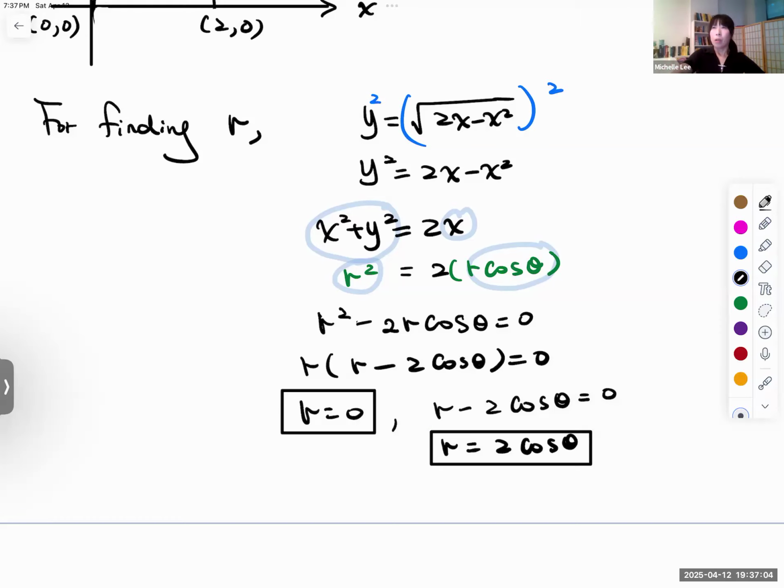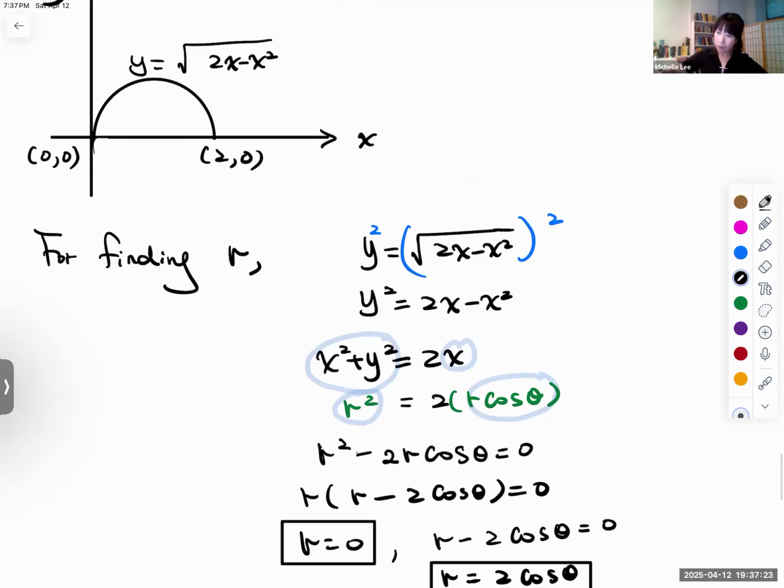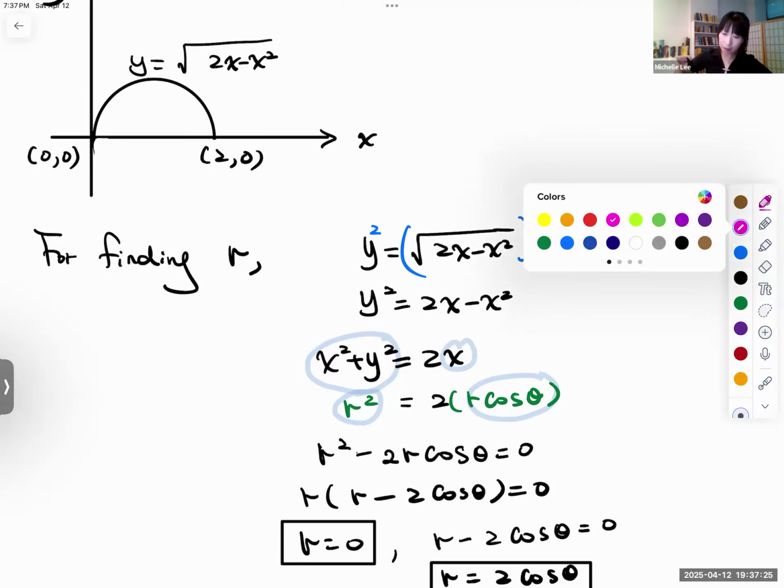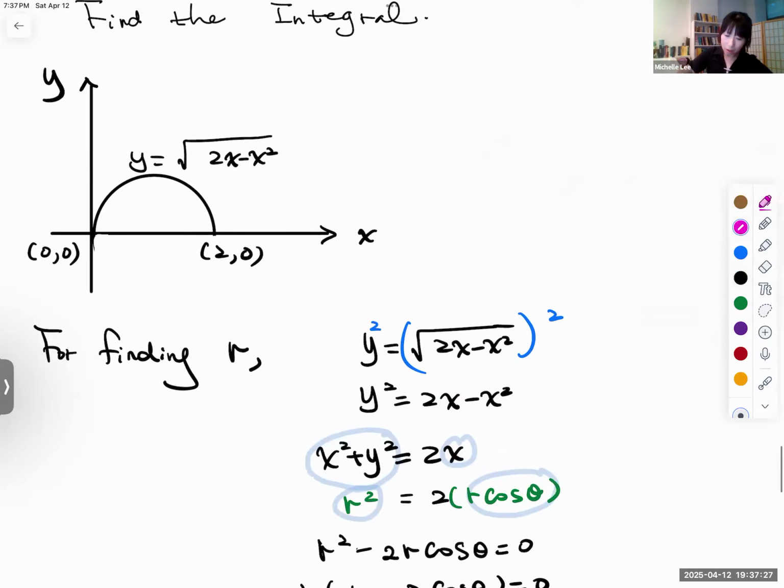Okay. What about the angle? So we found the lower limit and upper limit of r. What about the angle theta? Let's take a look, right? Angle theta starts at 0, and then goes to pi over 2, right?